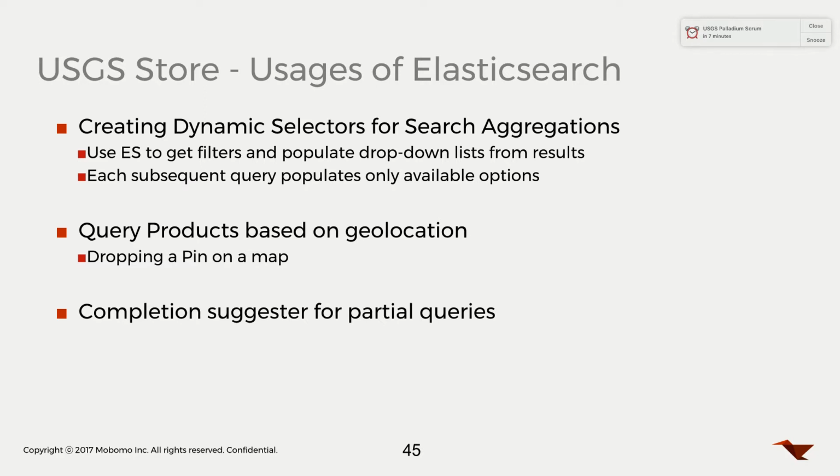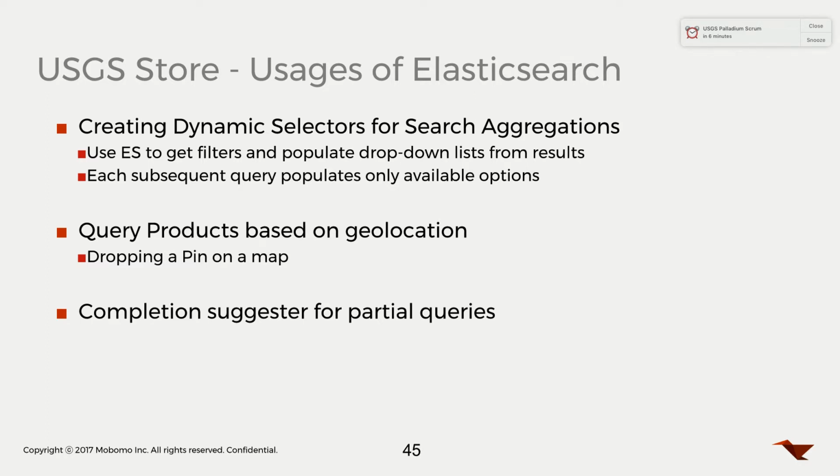The dynamic search aggregations. We have a lot of filters and different things you can do for the filtering of the maps that we search for on the site, and this allowed us to hone in on those specific ones. We can query products based on geolocation. Jason Glisson, a coworker of ours, wrote an interface for a map locator.